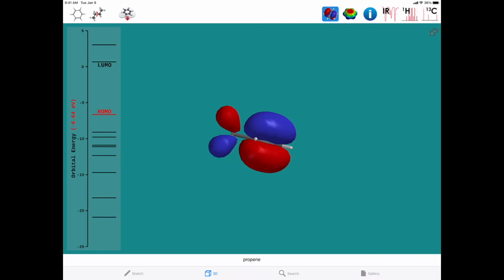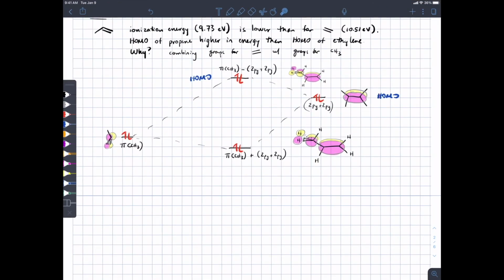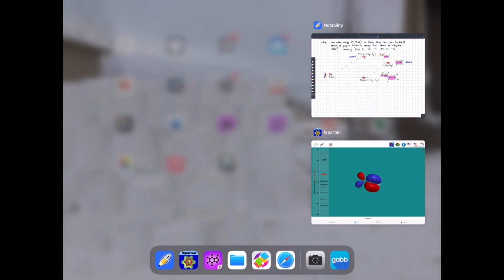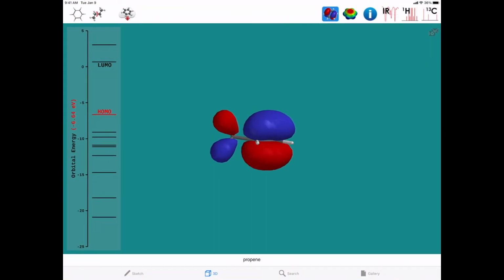And you see how the HOMO for propene comes from mixing the pi CH3 and the 2py plus 2py on the double bond together with the minus combination. So here's the 2py part, and then over here is the pi CH3 part, and there's a phase change in between the two. Okay, and with that, we will end.